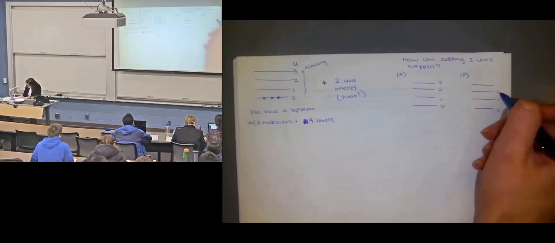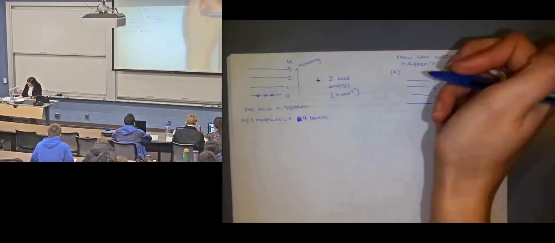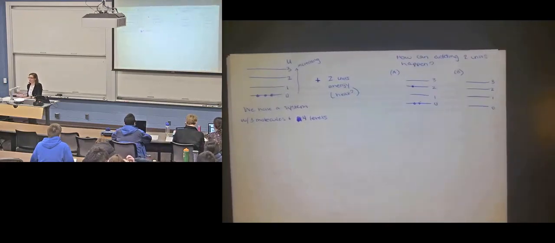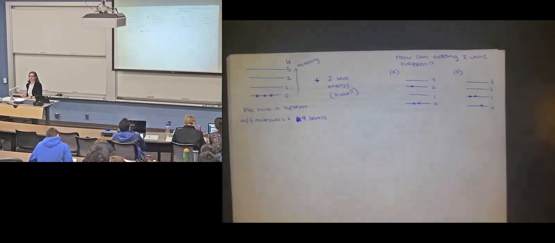What would be a possible option for putting 2 units of energy into 3 molecules? Move one of the dots to the second line. Love it. Second energy state, and the other 2 stay in ground state. Okay, and what is the other option? 2 move up to the first level. Okay, those are your 2 choices.